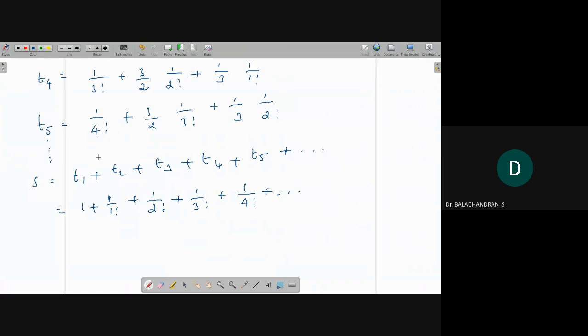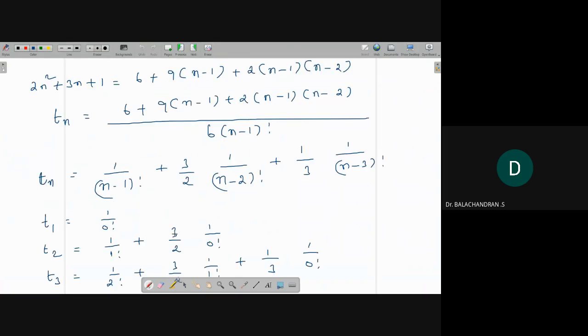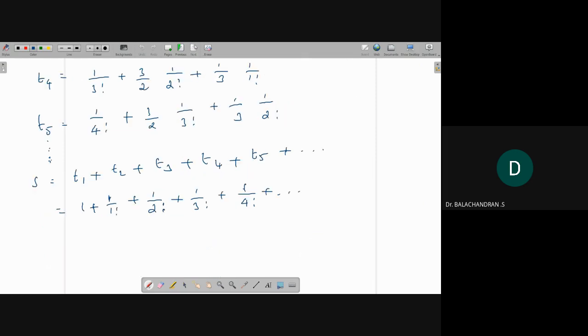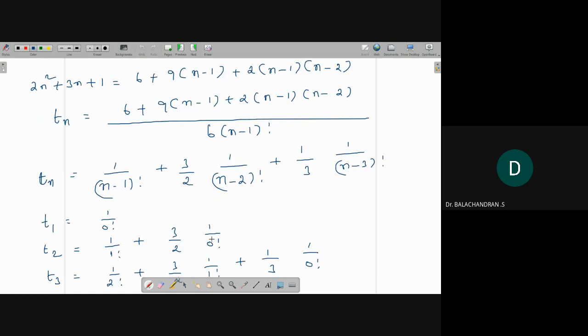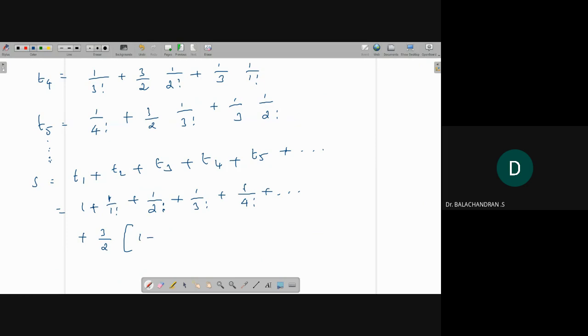Okay, so I added the first one vertically, and then if I add this one vertically, if you take 3 by 2 commonly, plus 3 by 2 times 1 by 0 factorial, that is 1, plus 1 by 1 factorial plus 1 by 2 factorial plus 1 by 3 factorial.